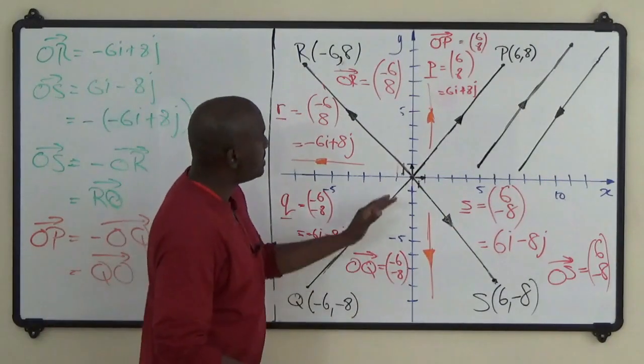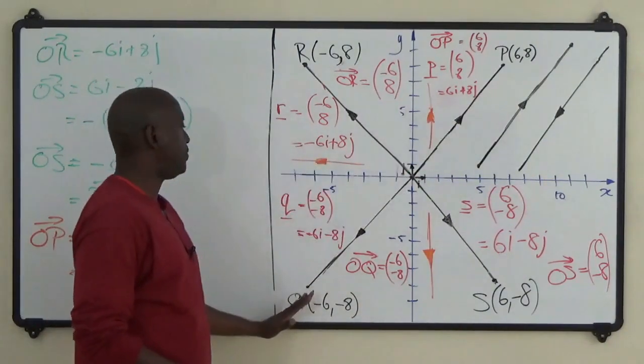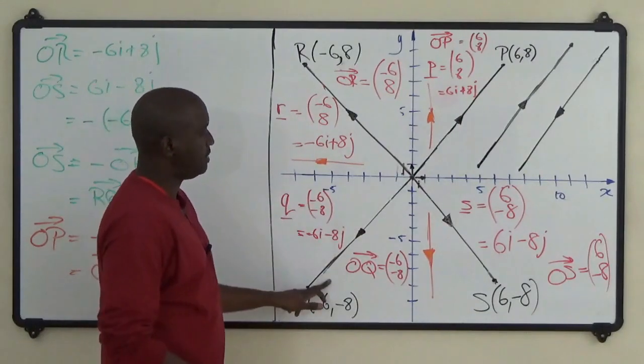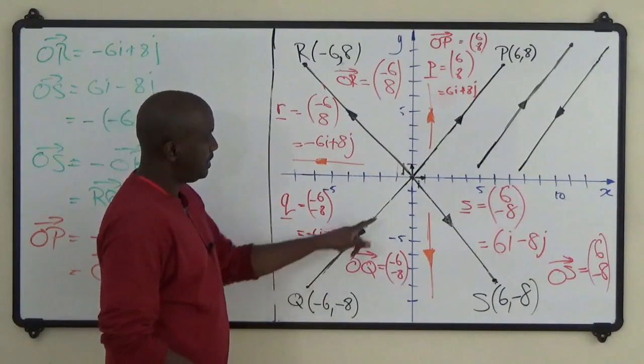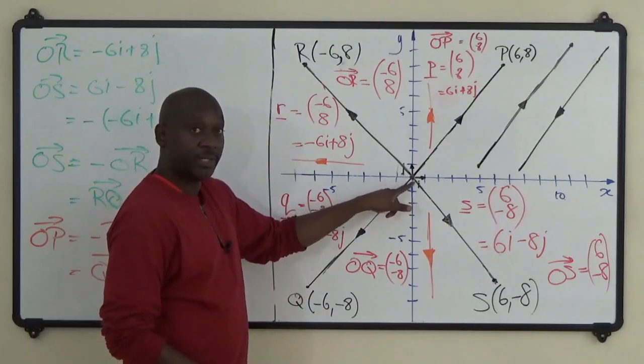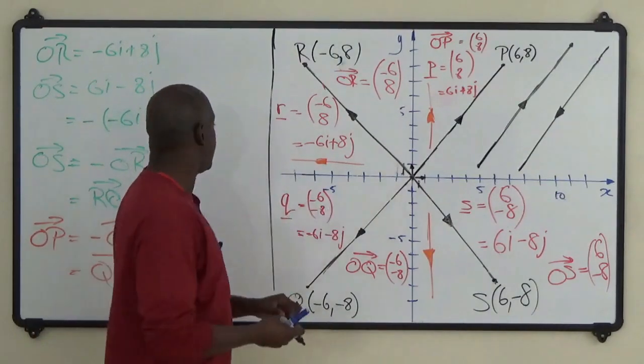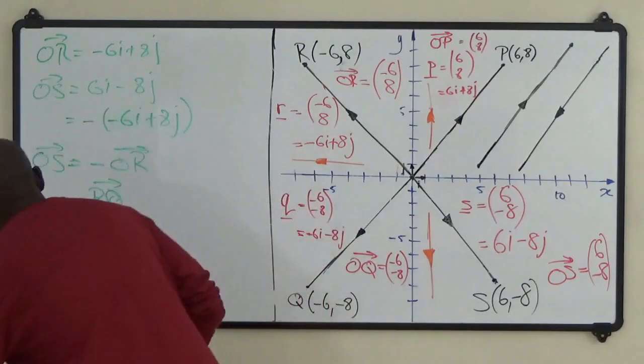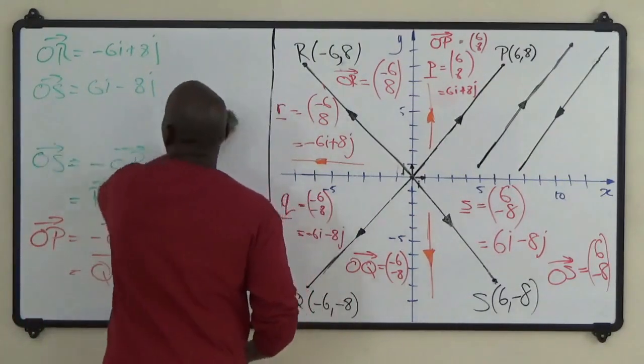And we already established that OP has the same orientation as OQ, even though the direction is different. It means that having the same point in common, the vectors are what we refer to as collinear.